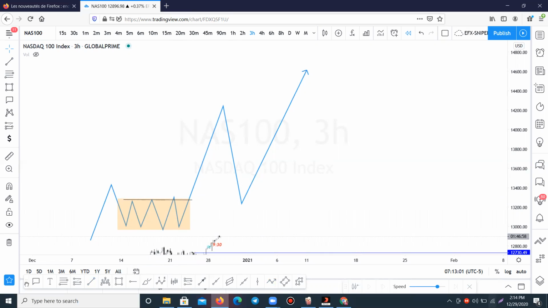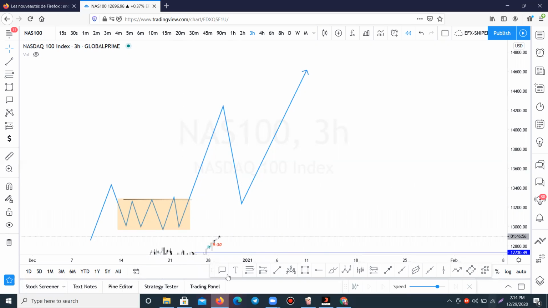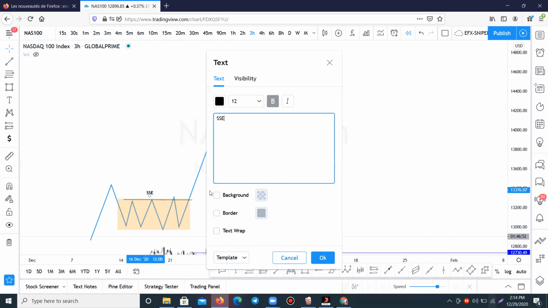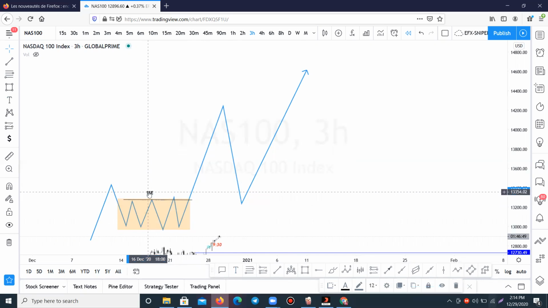So what are these things I'm writing? Okay, the one you're going to see in this area is SSE. It is a supplier, a significant supplier engulf. Then they engulf this area.